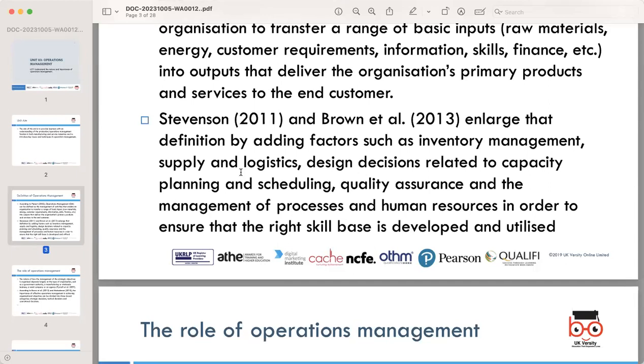Basically, Stevenson and Brown expand the scope of operation management to include critical aspects such as inventory management, supply chain, logistics, strategic decisions regarding capacity planning and scheduling, the implementation of quality assurance measures and the adaptive management of processes and human resources. This multifaceted approach ensures the effective utilization of the appropriate skill set to meet operational goals and in turn deliver value to both the organization and its customers.